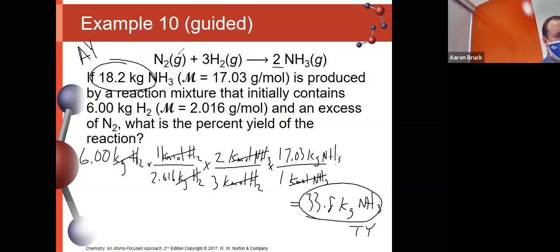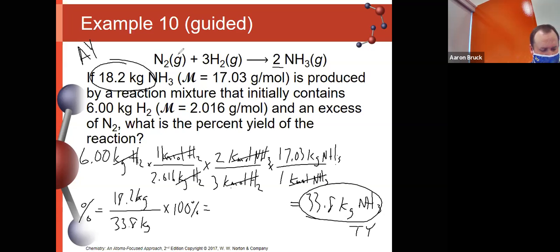To do percent, I need to take actual, 18.2 kilograms, divided by theoretical, 33.8 kilograms, and multiply it by 100%. 18.2 divided by 33.8 times 100, 3 significant figures, 53.8% is my yield.